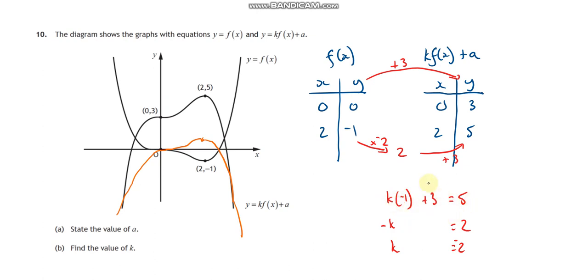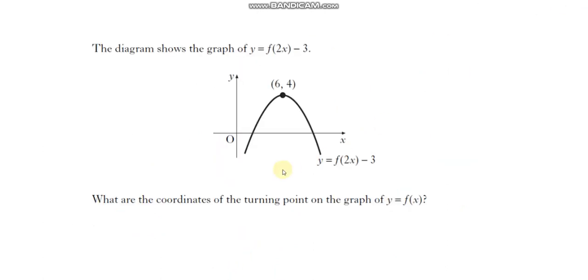So I know that a is going to be equal to 3. I know that k is going to be equal to negative 2. So there's a wee bit of intuition, I think, on these, but you can break it down into what is effectively two-step equations from first year as well. So yeah, let's go on to the next one. It's just a wee bit trickier though, isn't it? It just requires a tiny bit more intuition.